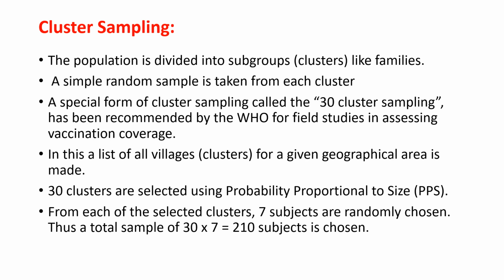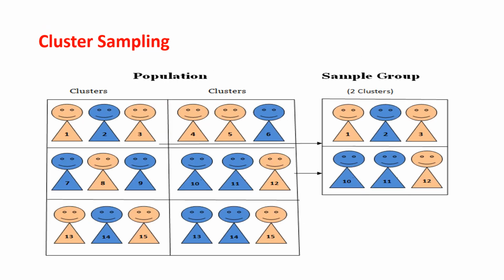So in this method, all villages or clusters for a given geographical area are listed. And 30 clusters are selected using probability proportional to size. So from each of the selected clusters, 7 subjects are randomly chosen. And thus a total of 30 into 7, 210 subjects are chosen in the vaccination coverage.